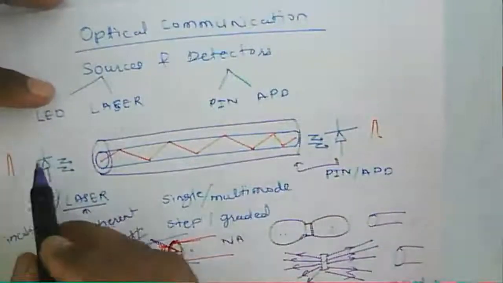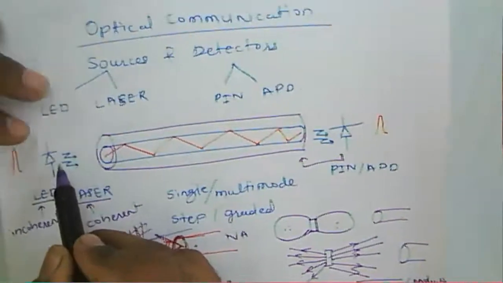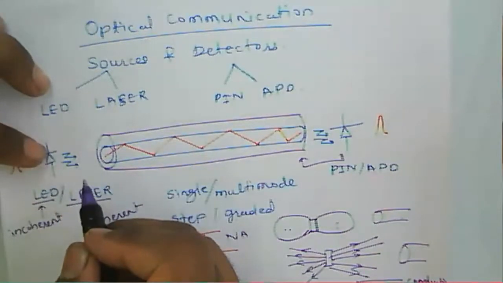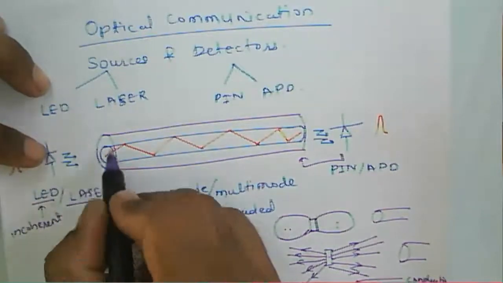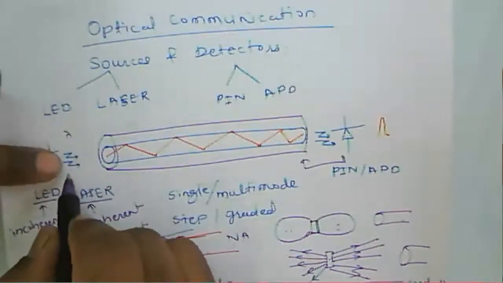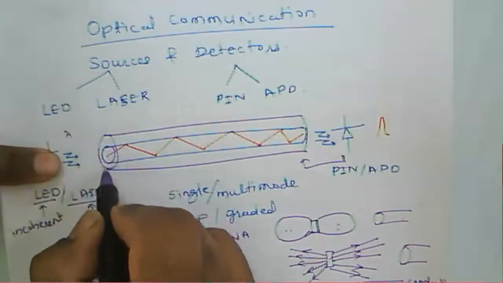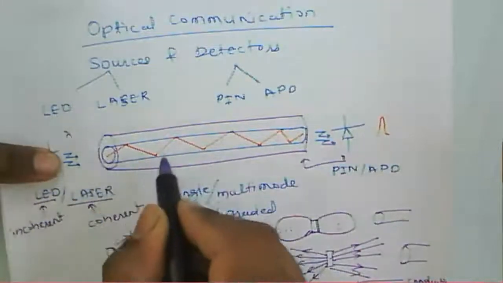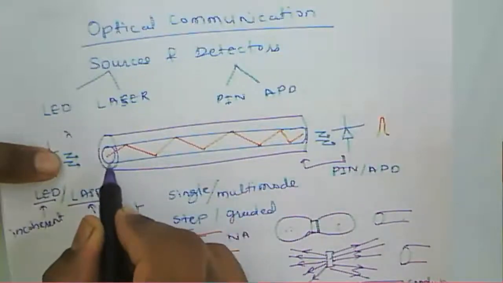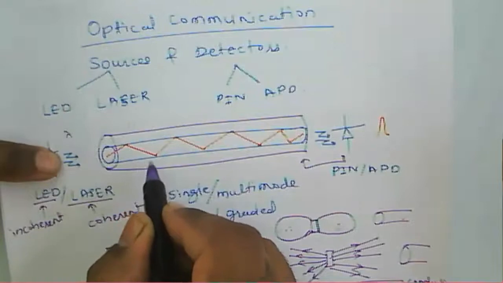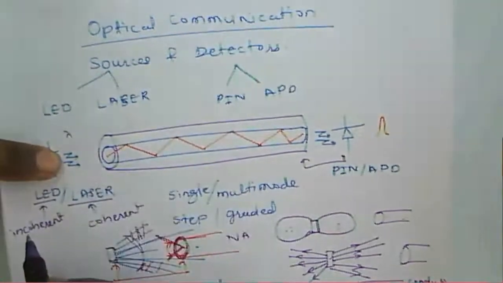Now in optical fiber communication, the light emitted from the source, that LED or laser, has some particular wavelength, and that light should propagate through the fiber with low losses and low dispersion.